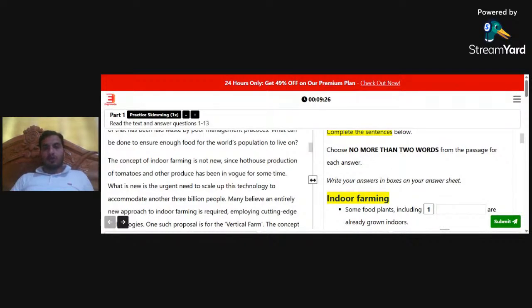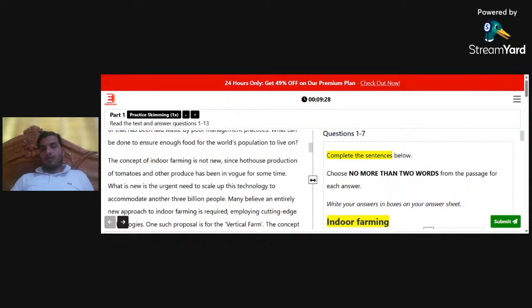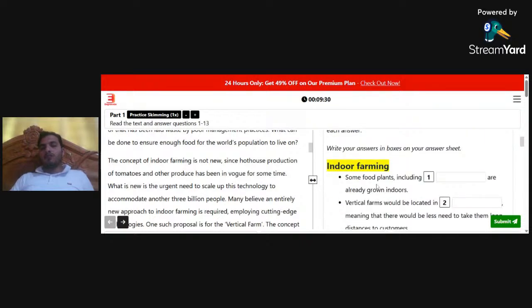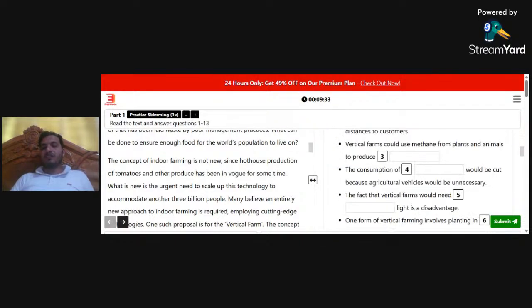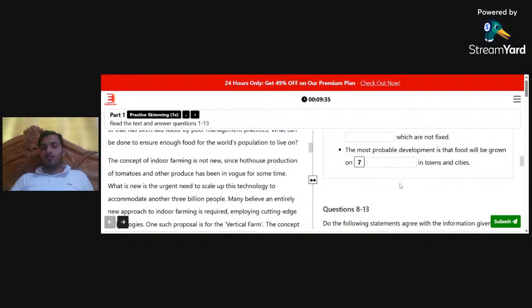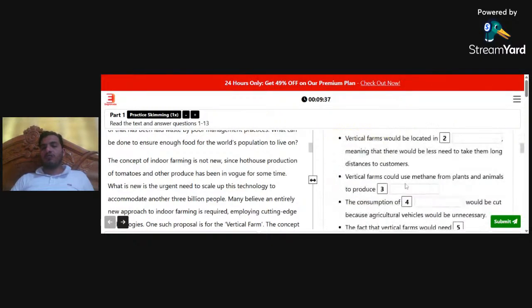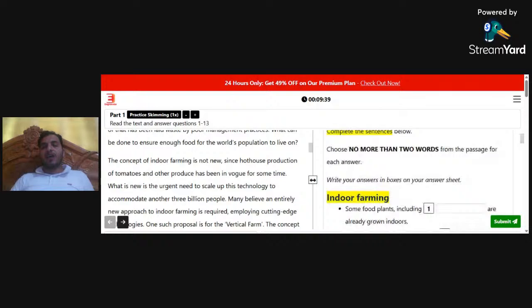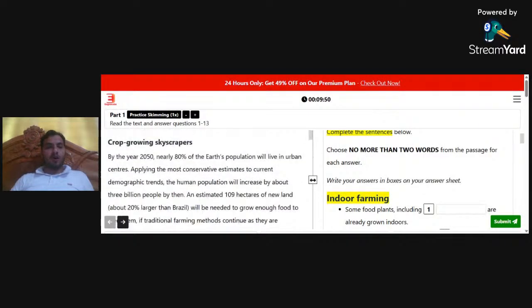So in this test, the examiner has told us that we have to complete these sentences, and these sentences are taken from indoor farming. So we will locate a paragraph, a specific part of this passage, crop growing skyscrapers, in which they are talking about indoor farming.